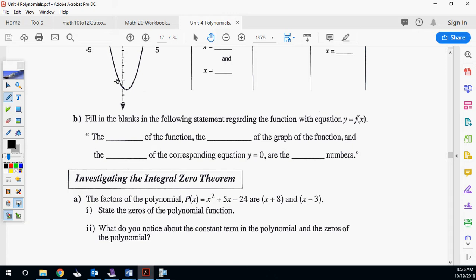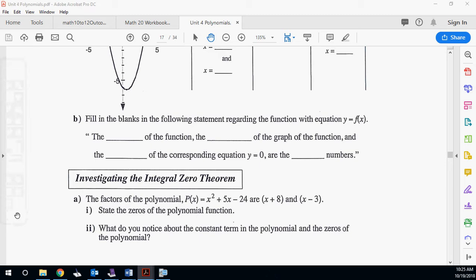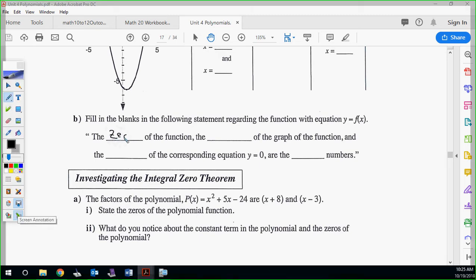Here we go. The zeros of the function, the x-intercepts of the graph, and the roots of the equation are the same numbers. Why does it have different wordings? One of them is of the function, and the other is of the graph of the function.